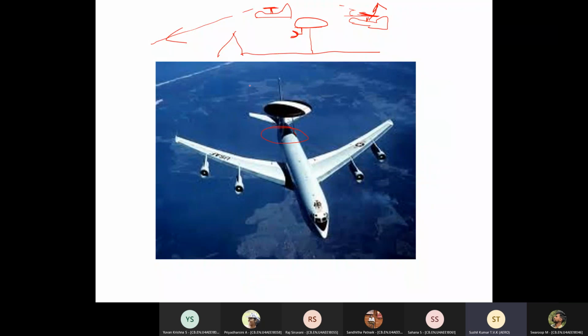For that time, they were able to make such huge structures. The only problem with those airships was they were all filled with hydrogen, so they had a lot of accidents. Nowadays, airships are coming back and they are using helium, which is an inert gas, so the chance of fire is very less.